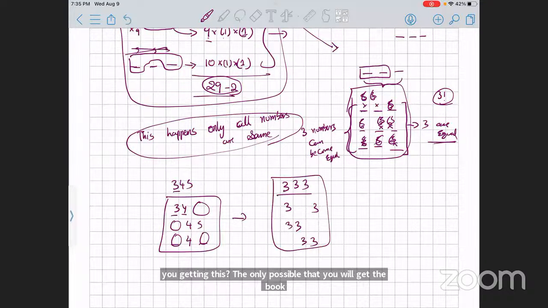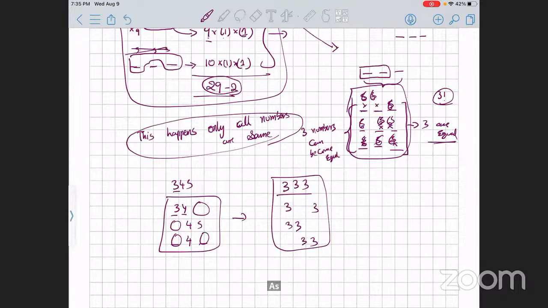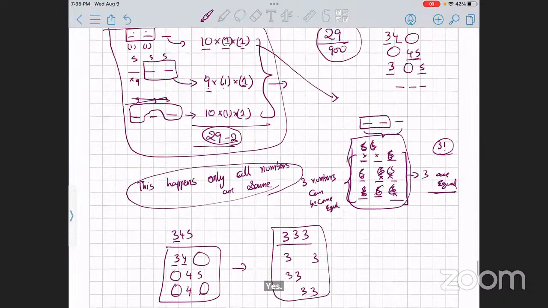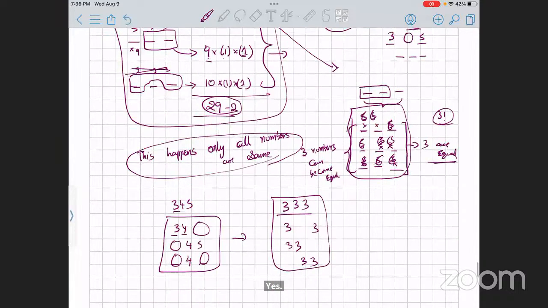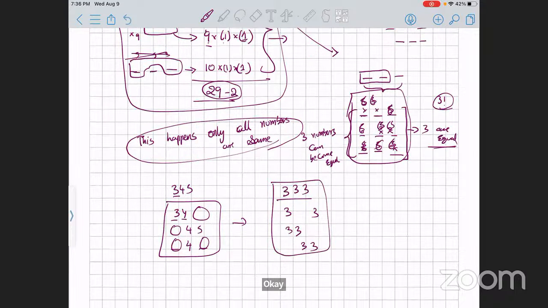See, 333 is a number from the lottery, right? Let us say my ticket has the first digit or last digit, or first two digits, or last two digits, the 3, right? What difference does it make if we get same numbers?